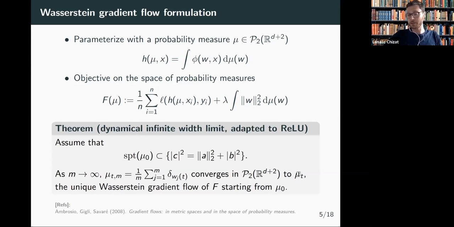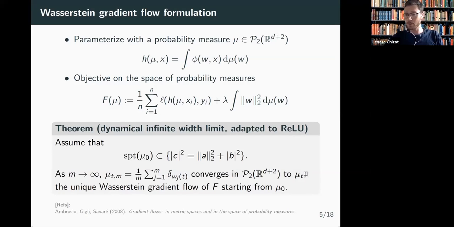And the convergence is in fact uniform in Wasserstein distance on compact time intervals. These are small details, but this tells us that there is an object which we obtain in the infinite width limit, which is well defined. And the only condition that we have for that, beyond having a finite second moment for the initialization mu_0, is that at initialization, the hidden weights and the output weights should have the same norm for each of the neurons. This is a small technical condition which allows us to solve some non-differentiability issues associated with the ReLU case.